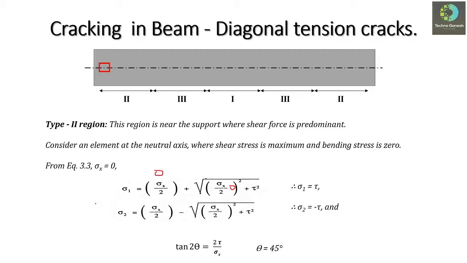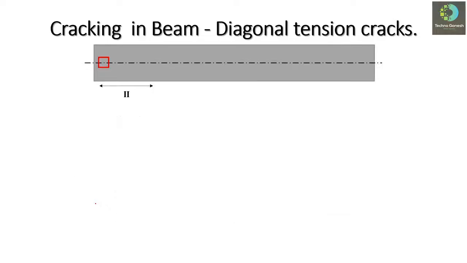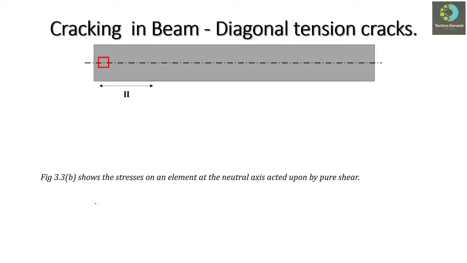By using this information, let us consider the detailed explanation of the crack formation in zone 2, or region 2. As you can see, the elemental portion we have considered here is located at the centroidal axis where the shear force is maximum and the bending moment is 0.